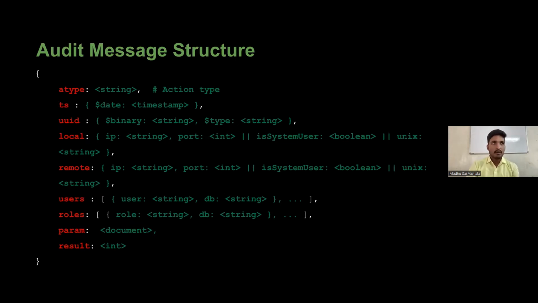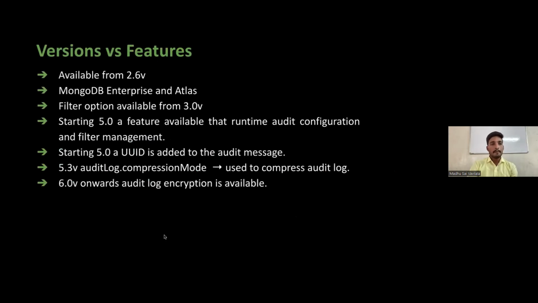Arguments means if the user has any filter, skip, limit, that kind of information is collected in the param, and result. If the event is successful, then a 0 value is assigned to the result field. If the event failed, a natural number will be assigned to the result field.